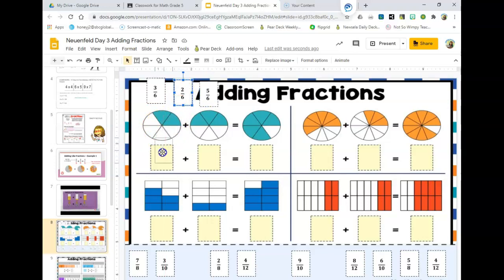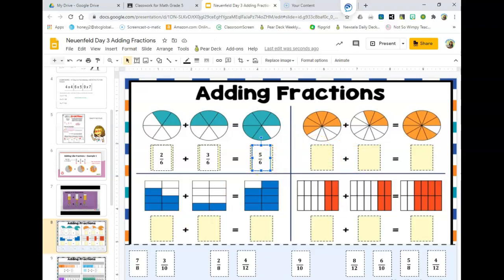So I'm going to take this fraction and it's going to go right there. Plus, sorry, my next fraction is right here. 1, 2, 3 of them are shaded, so I know this box is going there. When I add 1, 2 plus 3, I get 1, 2, 3, 4, 5. So this fraction, 2/6 plus 3/6 equals 5/6.